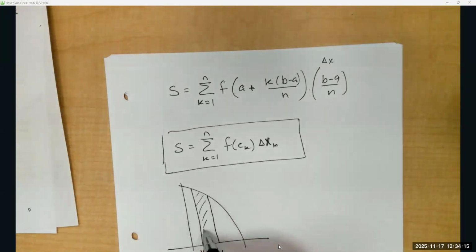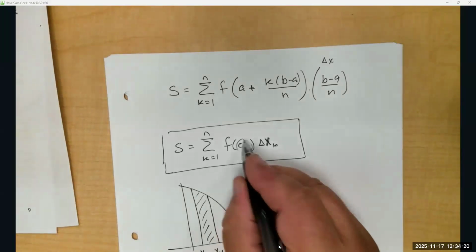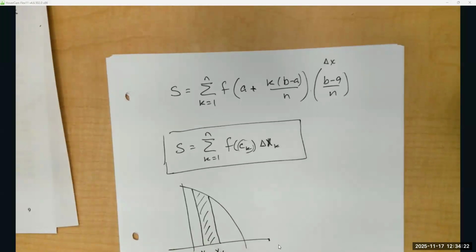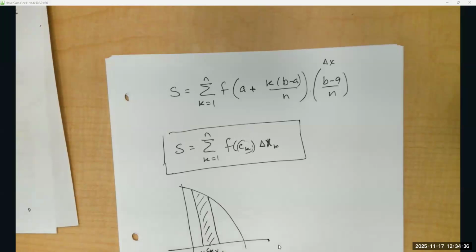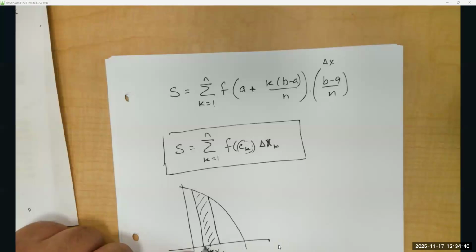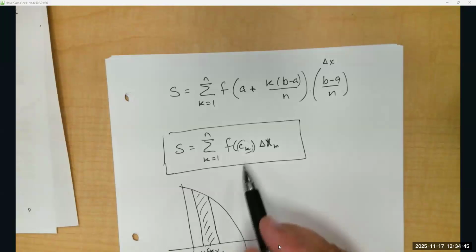We're looking at this area here. What this c of k says is any point inside that interval. You're not restricted unless you want to find upper and lower. That's the only time you need the upper and lower bounds. Other than that, you can pick any point you want inside that interval. That's what that says.